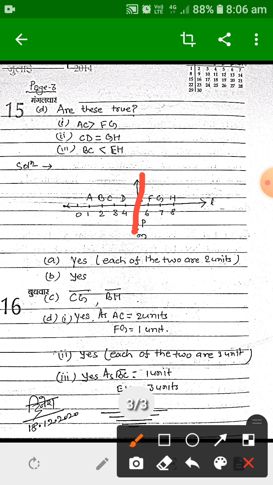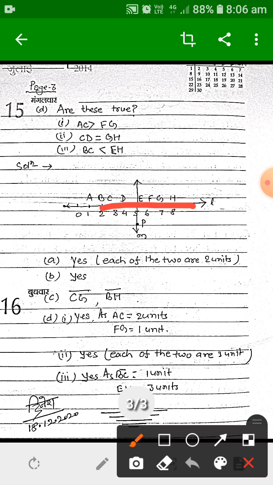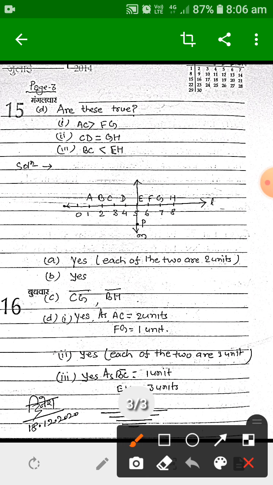So clearly EG is bisected into two equal parts and each of them is equal to 2 units. Another, BH, is also bisected by the line PE into two equal parts and each of the two is equal to 3 units. So the answer will be CG and BH.